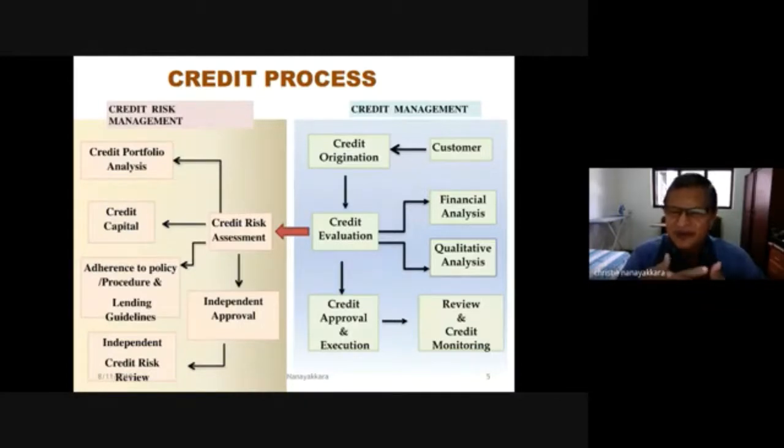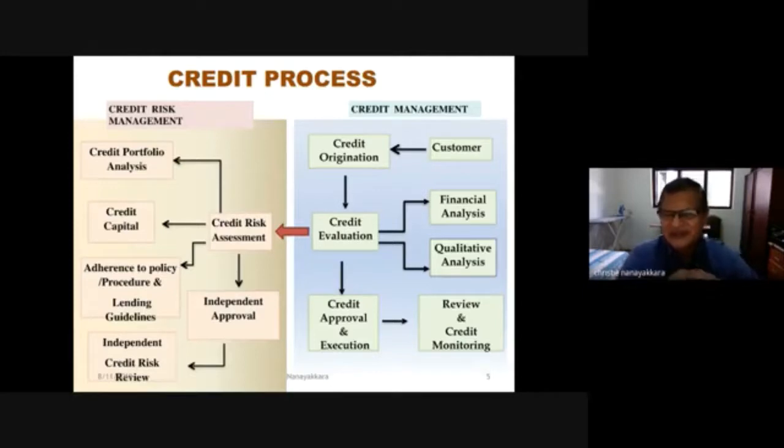If it's a corporate facility, you need to get 3 years of audited statements. You may need a company profile and their product profiles. You need their stock turnover, stock statements, debtor statements, various financial documents, and if you are taking security, all the documents related to security also need to be taken at this level.